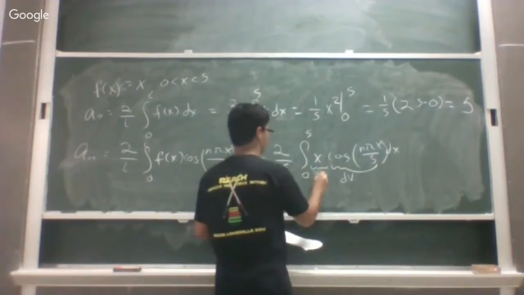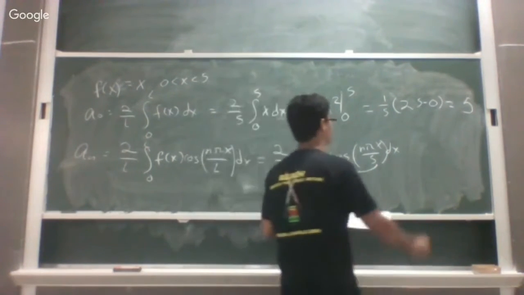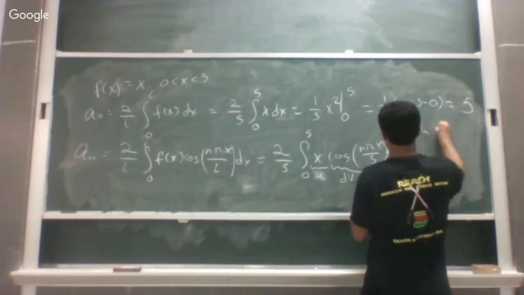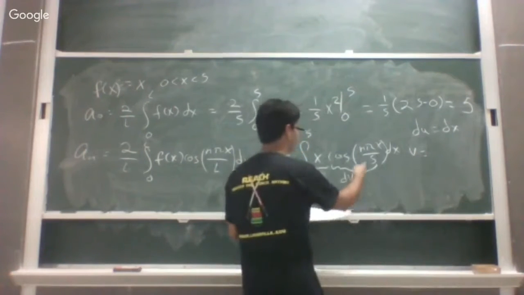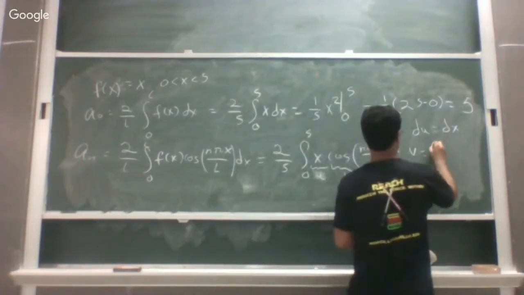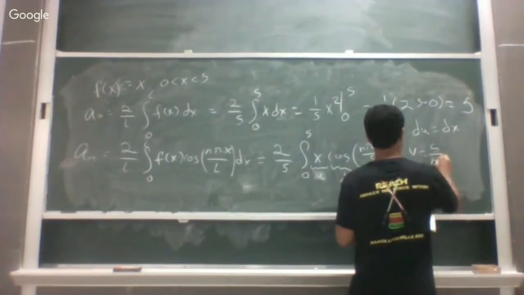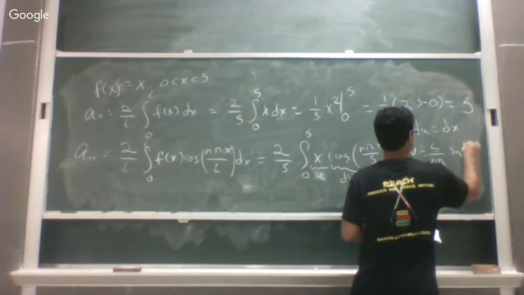Our u value is x. Our dv is cosine of n pi x over 5. So then our du is dx. Our v is the integral of cosine of n pi x over 5, which would be u substitution. So that's 5 over n pi times sine of n pi x over 5.